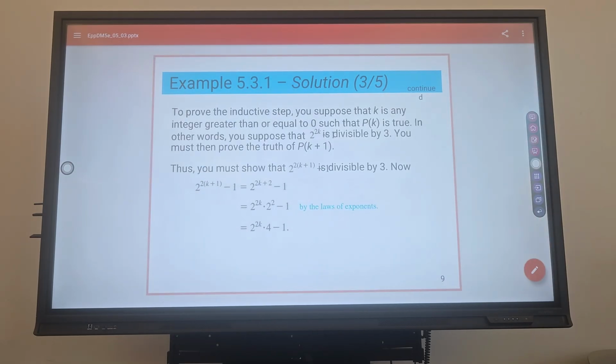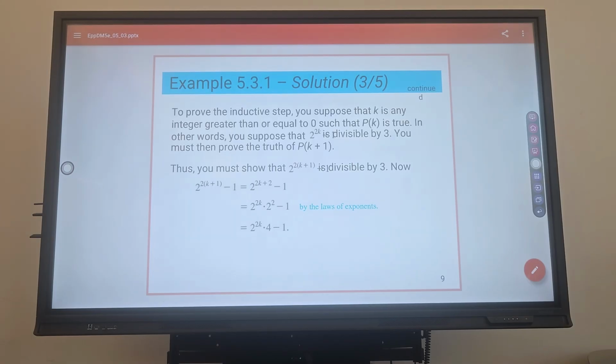To prove the inductive step, you suppose that k is any integer greater than or equal to 0 such that P of k is true. In other words, you suppose that 2 to the 2k minus 1 is divisible by 3. You must then prove the truth of P of k plus 1.